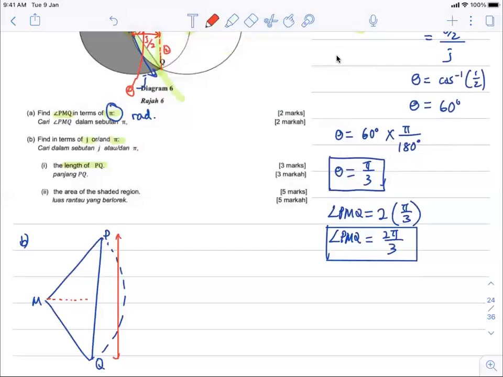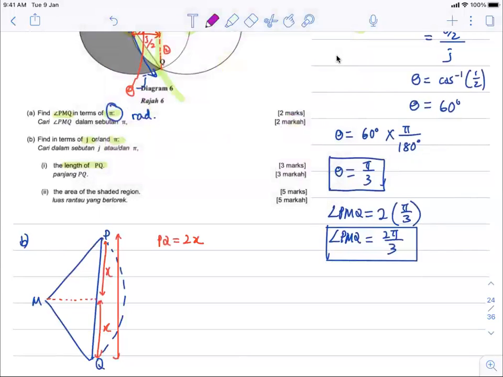The line divides PQ into half. The upper part is x, and the lower part is also x, because the bottom and top are symmetrical. So PQ is divided exactly into 2. Hence, PQ is equal to 2x.